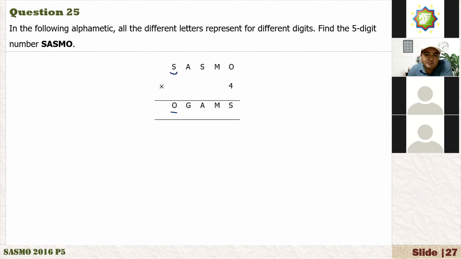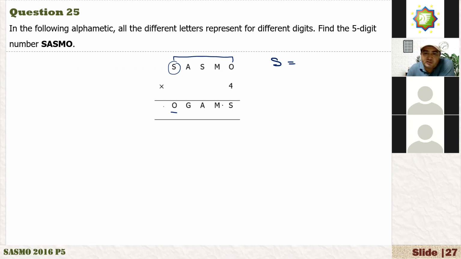We are multiplying 4 by a 5-digit number, and we again have a 5-digit number. Now, what are the possible values of S? S cannot be equal to 3, Nargis, right?